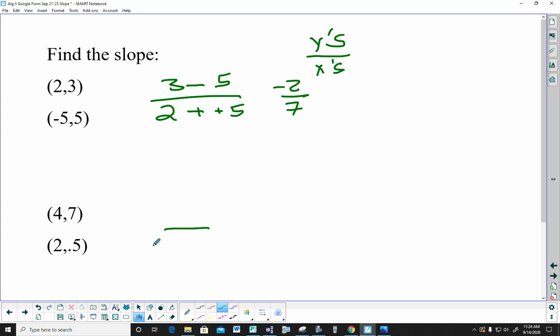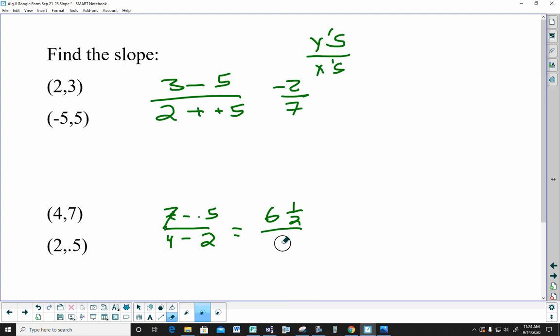Okay, this one's harder because it has a decimal in it. Y is on top. It's a 7, it looks like a Z. And 0.5, 4 and 2. 7 minus a half would be 6.5 over 1. Oh, I don't know why I said 1. Good Lord.